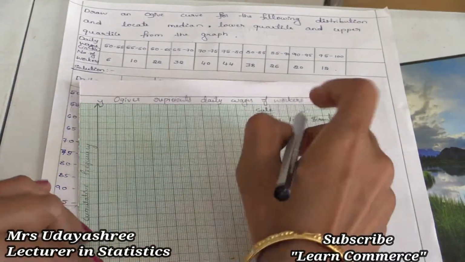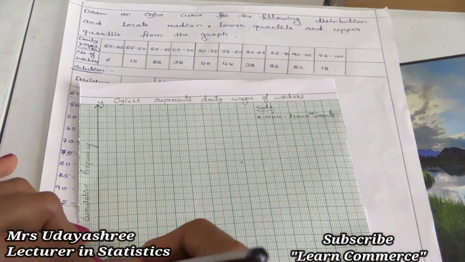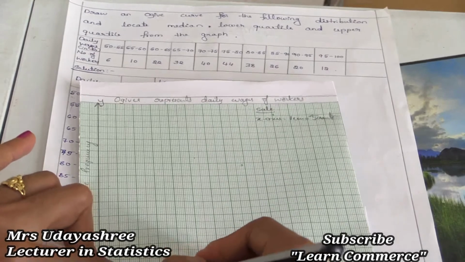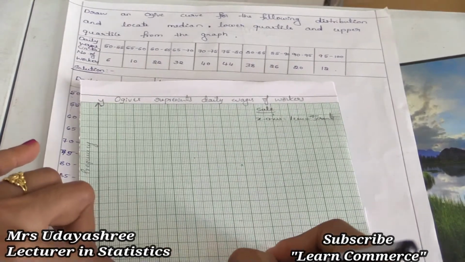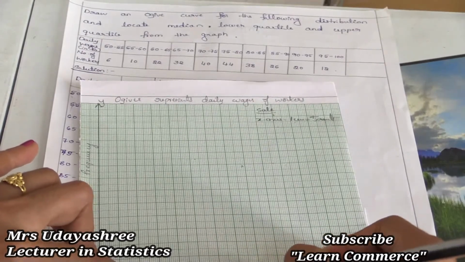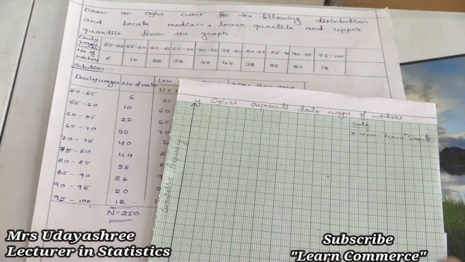Next it is 55, 60, 65, 70, 75, 80, 85, 90, 95 and 100. So here I will stop because here the last upper class limit is 100.